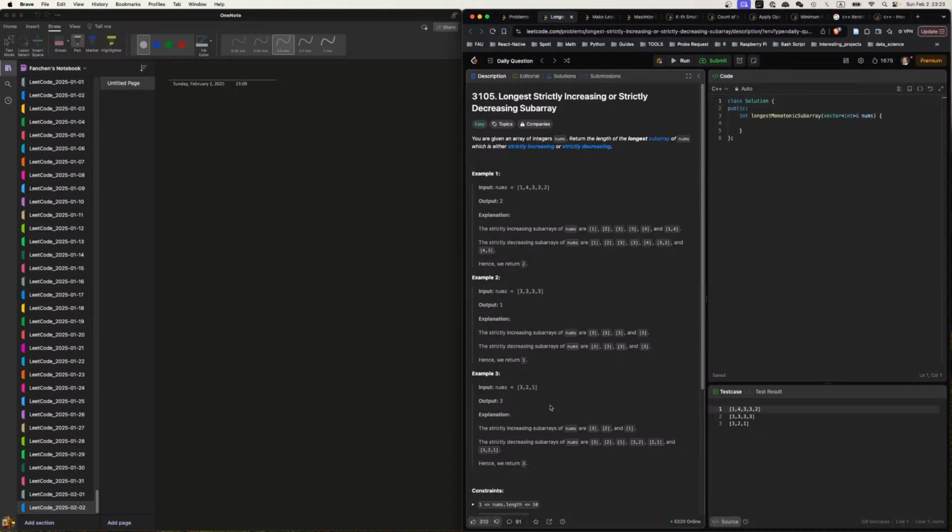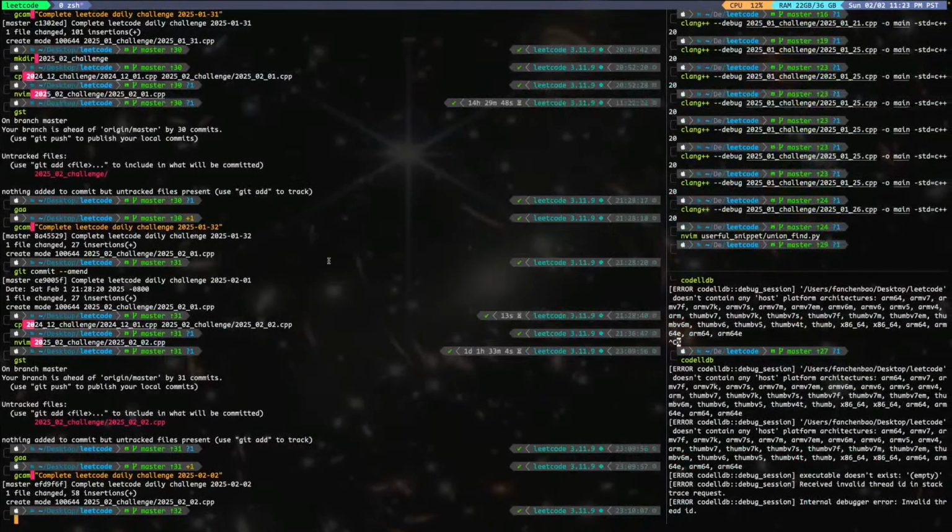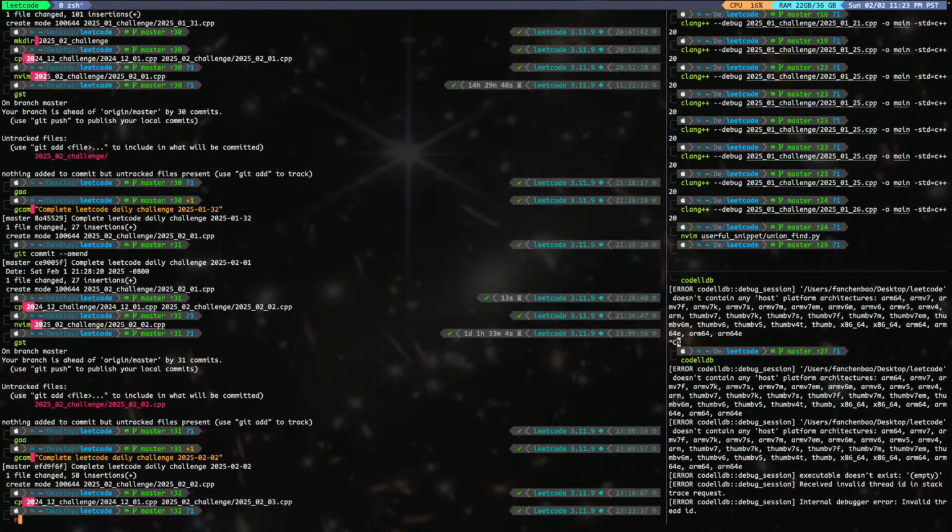If the direction changes, we reset it and set the length to 2. And if it's equal, that's interesting. How do you handle this? Well, if they're equal, that means the size is 1. So for the next one, if it's equal, you set the size to 1. Okay, I think that shall work.